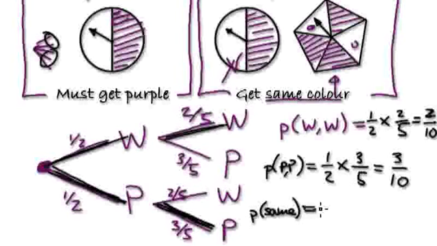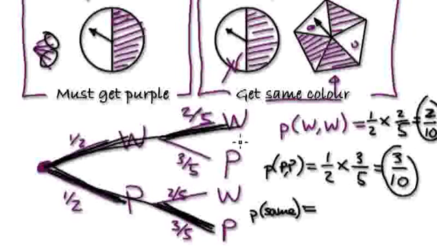So the probability of same equals this branch here or this branch here, because in effect this tree diagram is really a map of all the possible routes that we could take. When you spin two spinners, you could head down this route or this route. So we need to add these two together, because we need this route or this route.